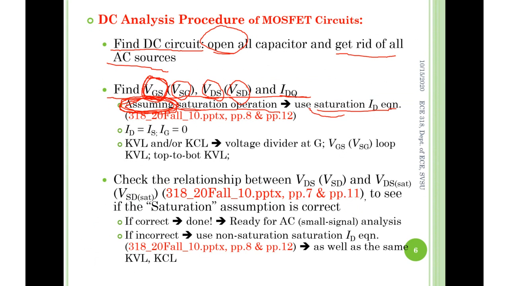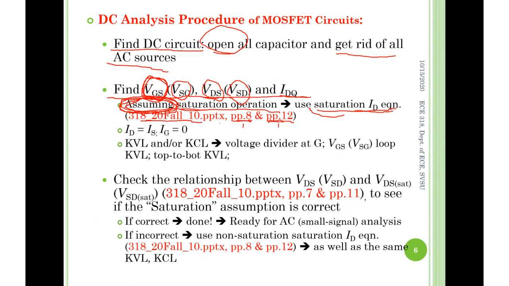And then you immediately have a saturation current equation for the drain current. Where is it? Previous lecture slides, page 8 and page 12. Why do we have 2 pages? Anyone remember, without going back to check your slides?